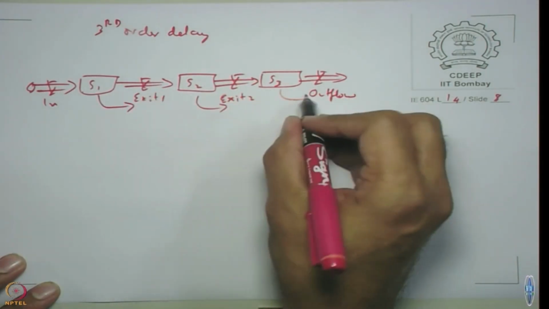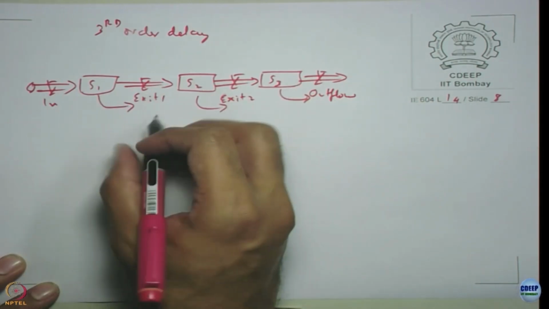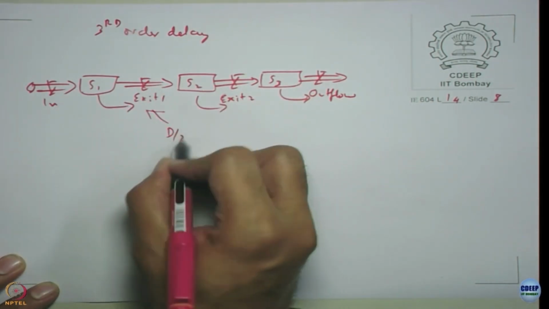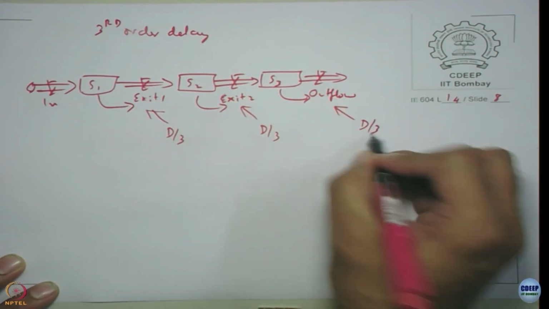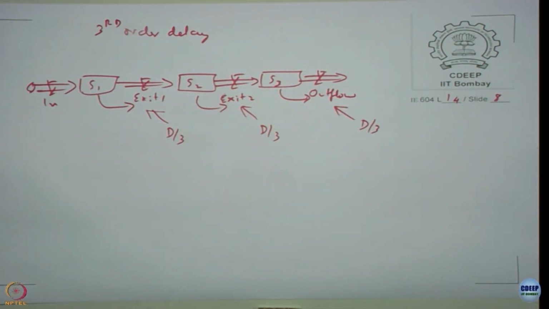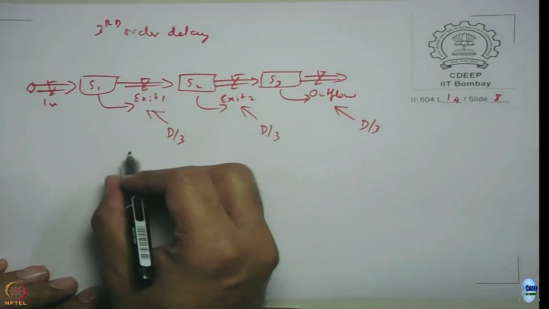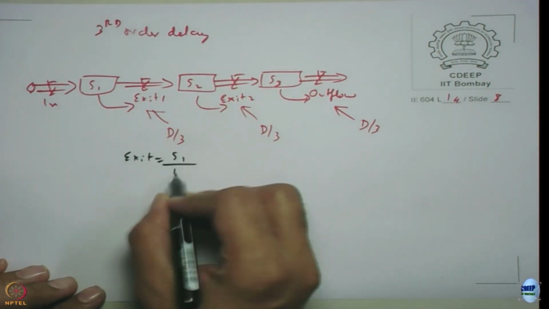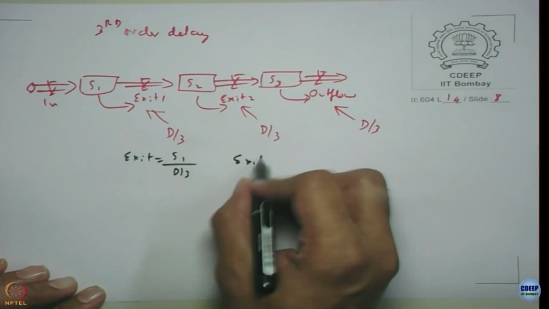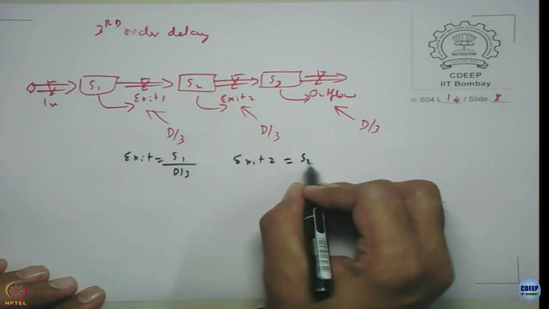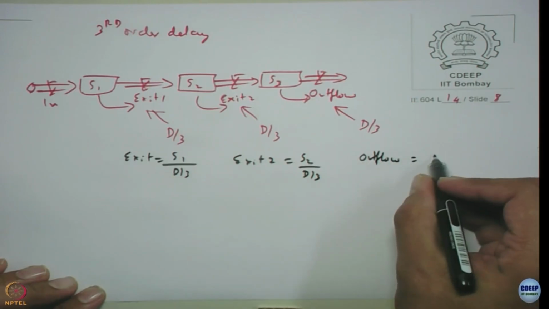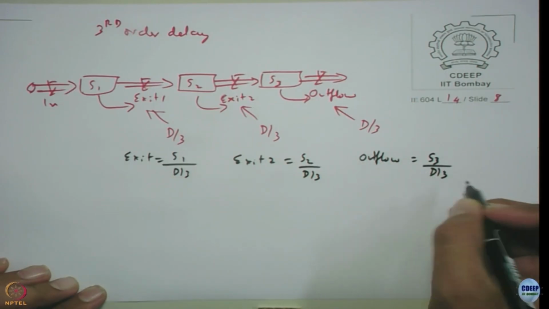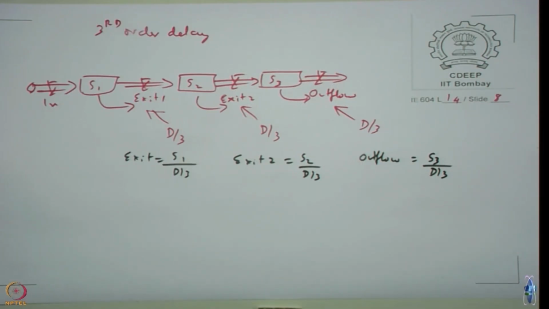Since the material is conserved, all the stocks and flows are interconnected, and now the delay time is evenly divided among 3. So, the equation for exit 1 is S1 by D by 3, exit 2 is S2 by D by 3, and outflow is S3 by D by 3. So, evenly divided, and the average delay time continues to be D.